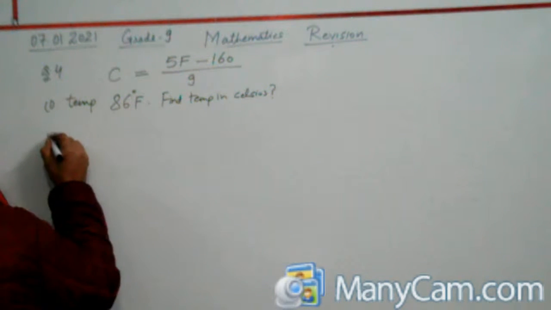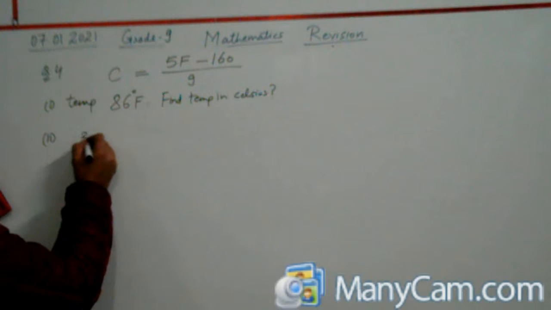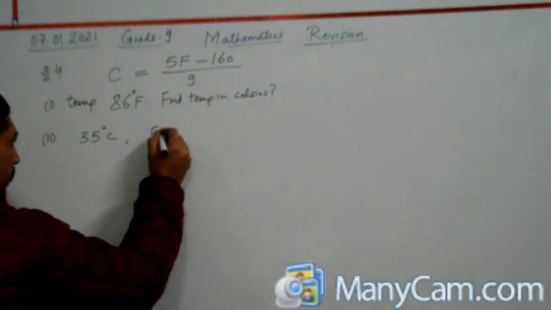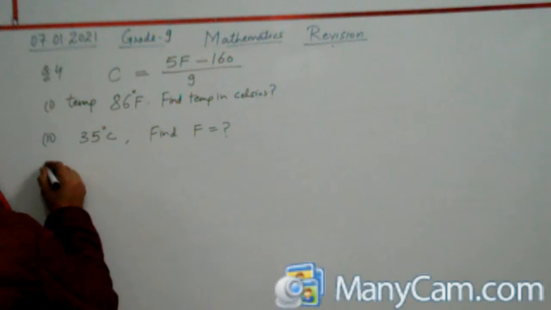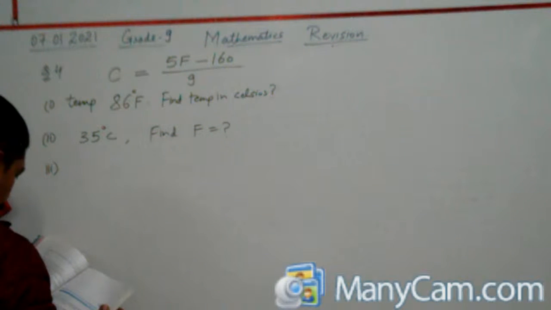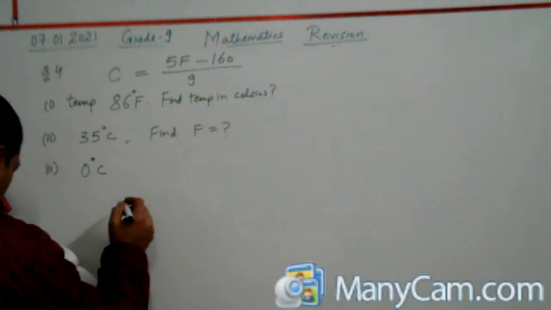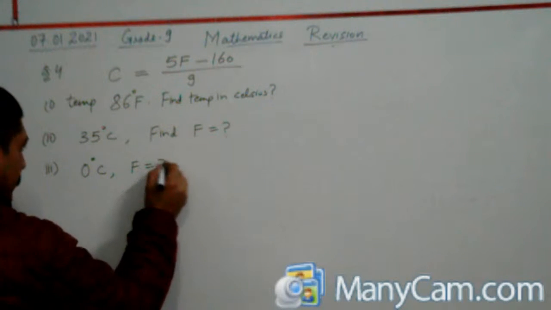Second one, if the temperature is 35 degrees Celsius, find the temperature in Fahrenheit scale. Third, if the temperature is 0 degrees Celsius, what is the temperature in Fahrenheit?